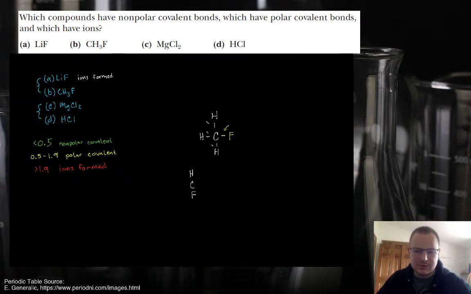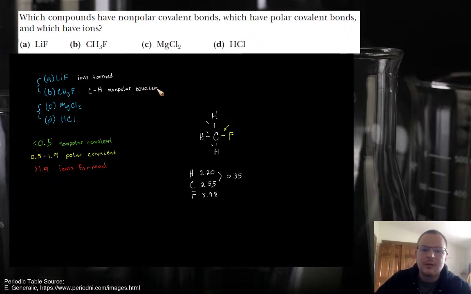So we have 2.20, 2.55, and 3.98. So the electronegativity difference in the carbon-hydrogen bond is 0.35. That means that our carbon-hydrogen bond is nonpolar covalent.